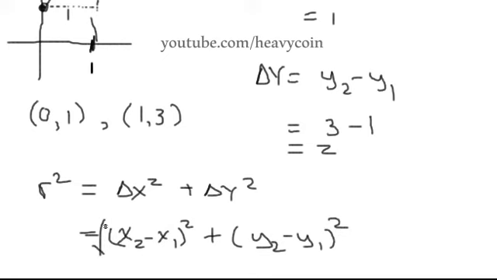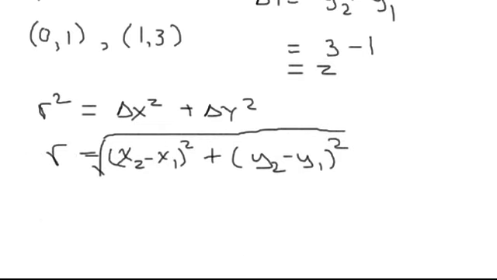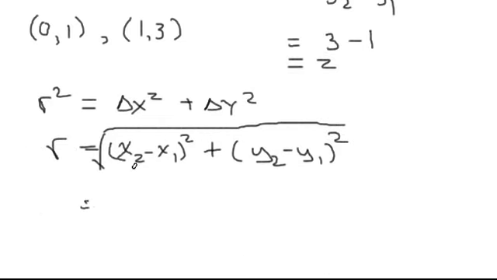And of course, we have to square root all of this, which is r. So we said that x2 minus x1 was just 1 squared, plus y2 minus y1, which we said was 2 squared, and of course we got to square root the whole thing, and r represented the hypotenuse of our triangle.